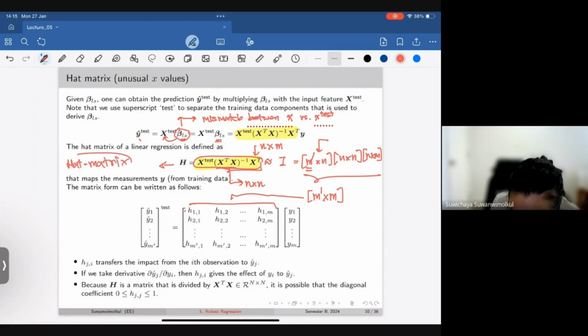After you have this hat matrix, you can use it to detect the outliers, or the high leverage points among the input feature samples. As I mentioned before, at the end of the day, these inversions should be approximated by an identity matrix.